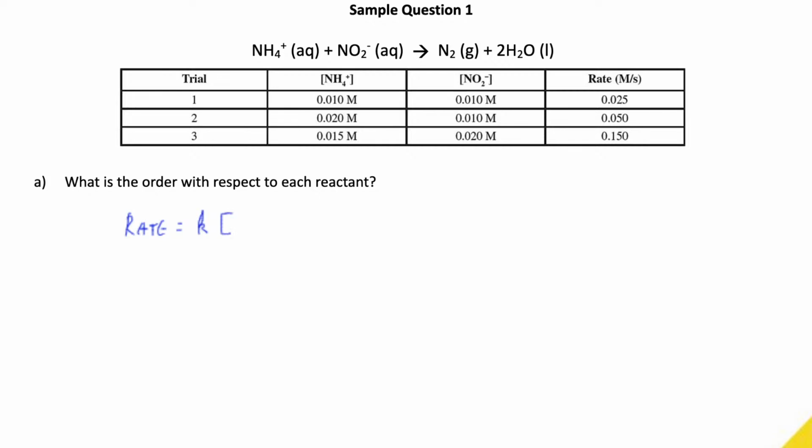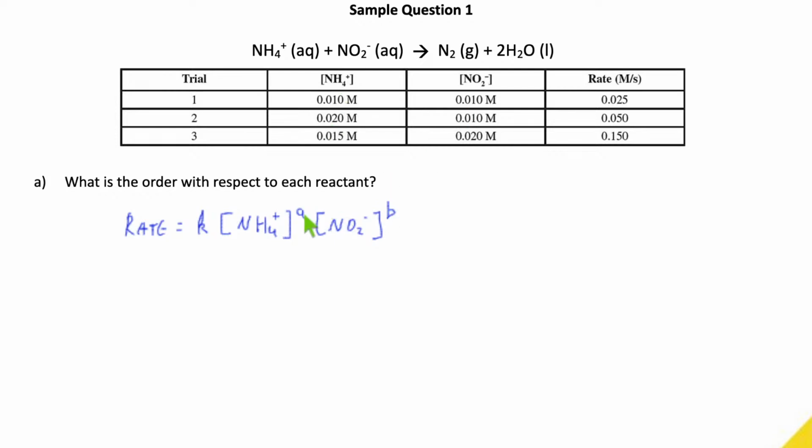So here I will have NH4 plus raised to some power A, and I will have NO2 minus raised to some power B. And the idea now is to find these powers first.